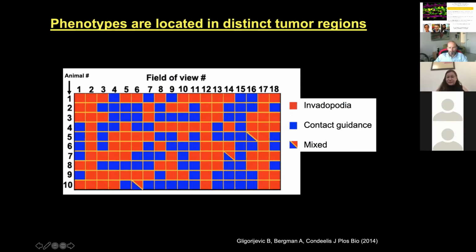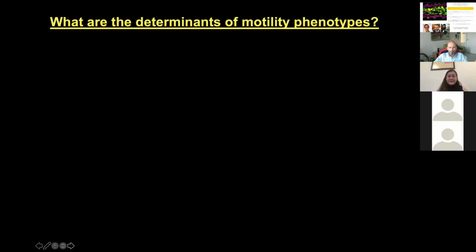Importantly, these two phenotypes were located in distinct tumor regions, so they practically were never present in the same field of view, which means the tumor microenvironment is driving this.